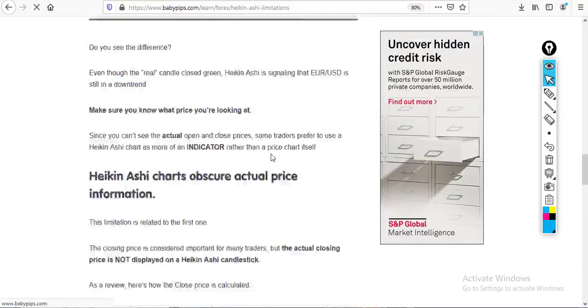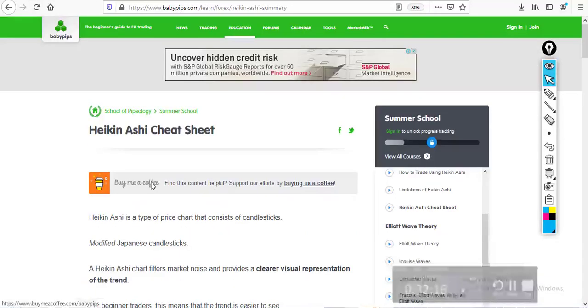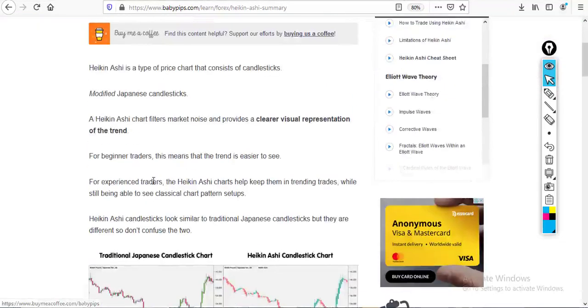Now we are considering the end of this Heikin Ashi chart pattern. Quickly, we have come to see that the Heikin Ashi is a modified Japanese candlestick, and we have also learned that Heikin Ashi filters market noise and provides a clearer visual representation of the trend.